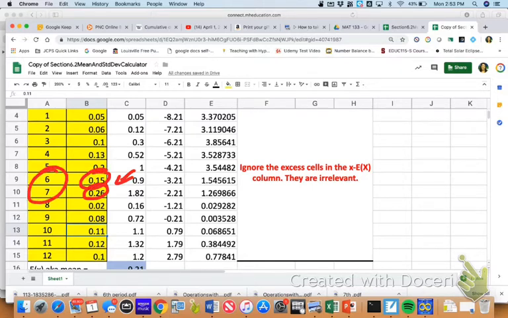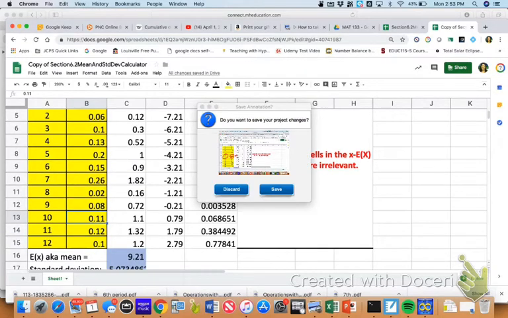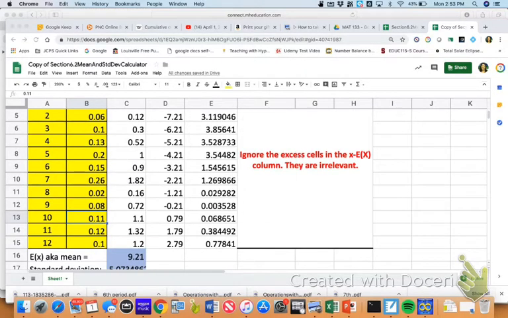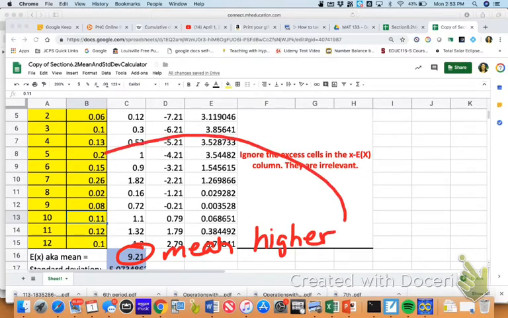So most of the data is around 6 and 7, but this time the average or the mean is actually higher than where most of my data is.